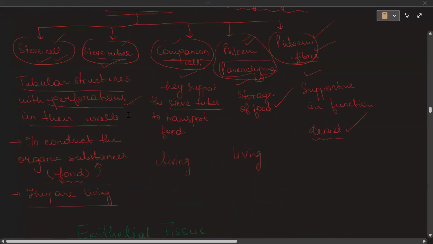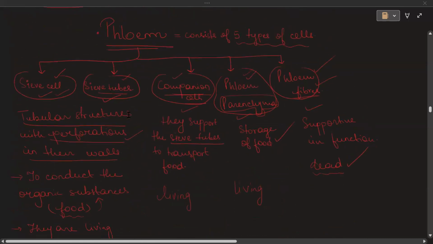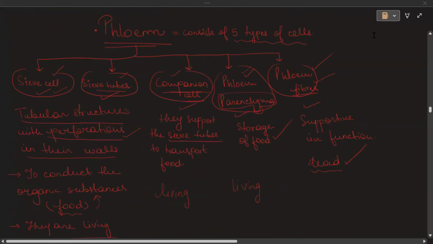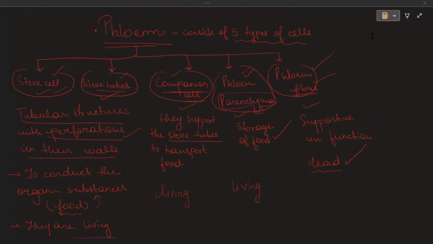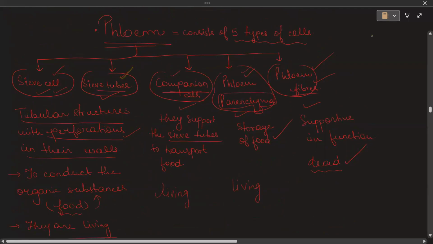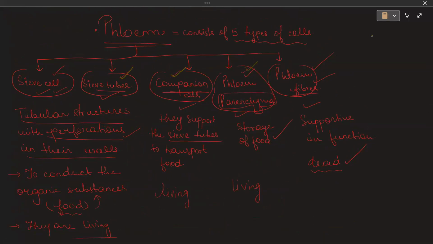Now, coming to the phloem. The phloem consists of five types of cells. The first one is the sieve cell, then the sieve tubes, companion cells, phloem parenchyma, and phloem fibers. The sieve cells and sieve tubes are tubular structures and they have perforations in their walls.